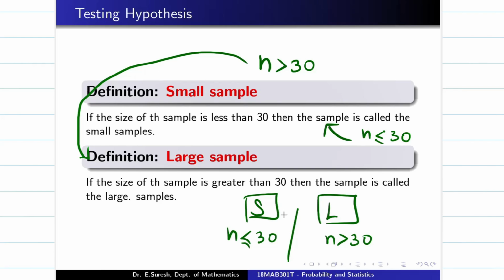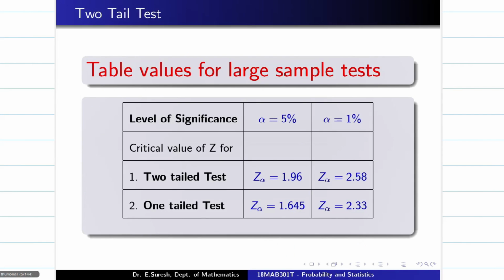This is what we are going to deal with, guys. Okay, let us go into the problem. The tabulated value, as I said, for two tail is 1.96, and for one tail 1.645. For alpha equal to 1%, it is 2.58 and 2.33. You can easily remember it.